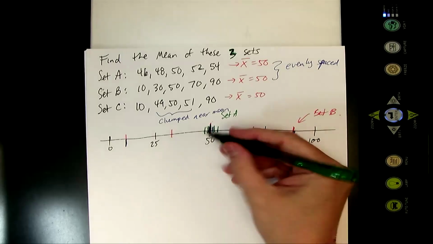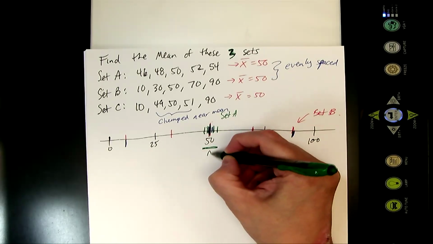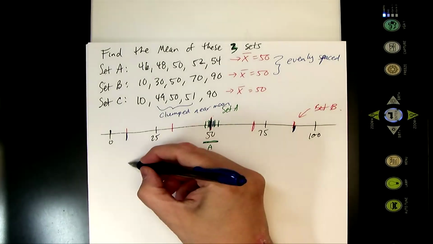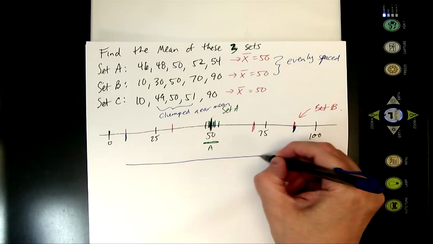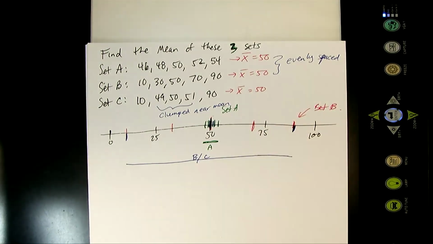But set A, if I did the smallest number to the largest number, that's A. And then B and C both do. B and C are both those. And yet we got the same average on all of them, clearly.